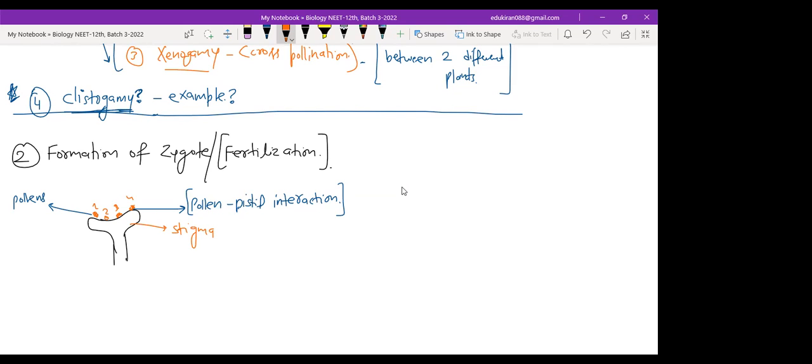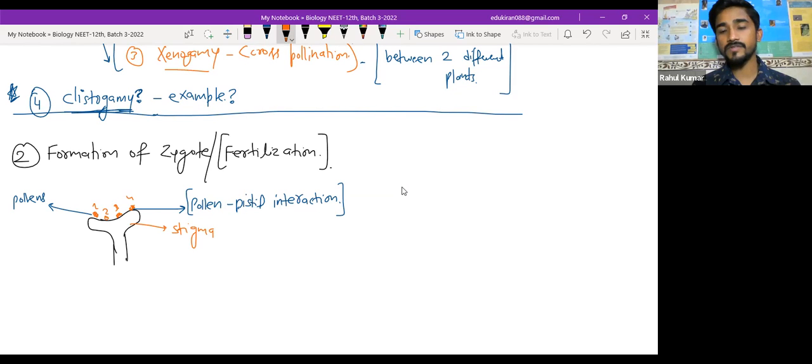And then only that pollen, after this pollen pistil interaction has happened, forms a pollen tube. Okay. Now a tube starts, let's say this pollen 1 was the right pollen. And these were all wrong species. So this will be allowed to form a tube, which will go all the way down through the style towards the ovary. Do you understand, Alia?